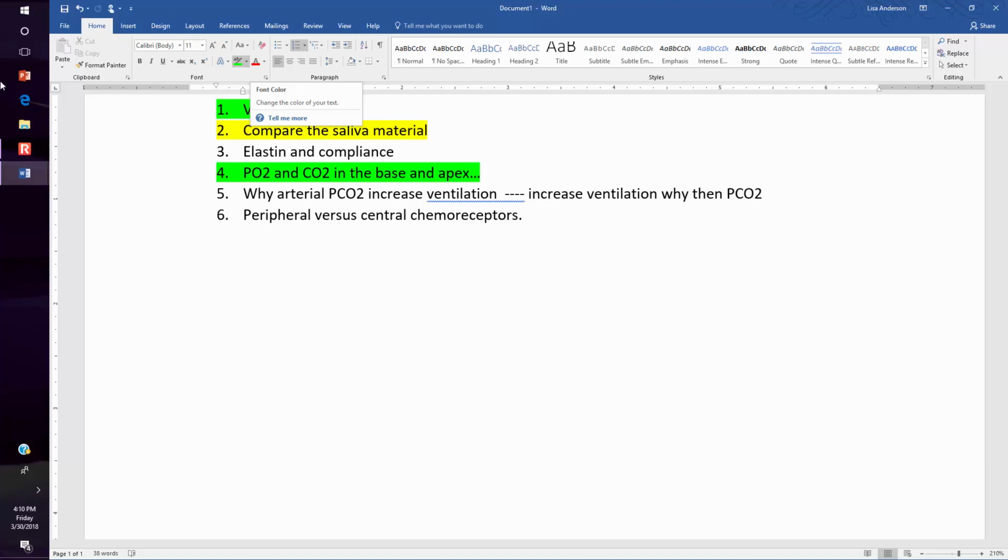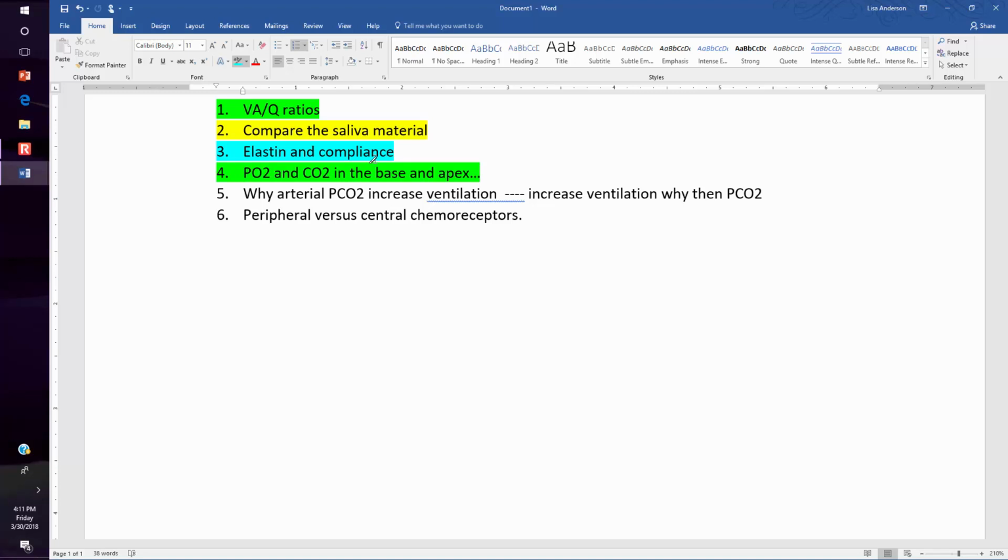And now on our list, I'm going to go to elastin and compliance. Okay, so we're back to a drawing of the lungs. I like this pen better. And you have to remember, we have all these little alveoli. Your lungs are filled with all these alveoli.